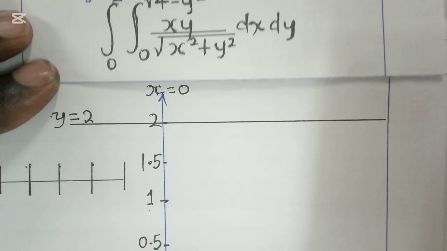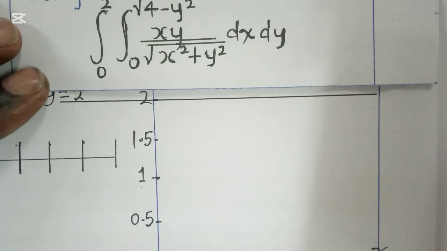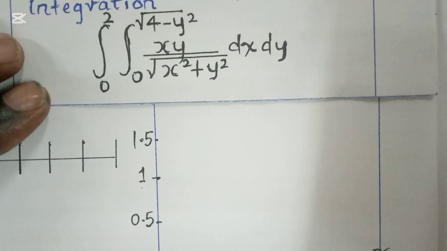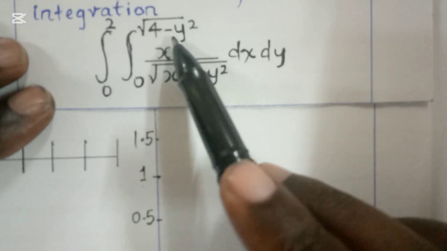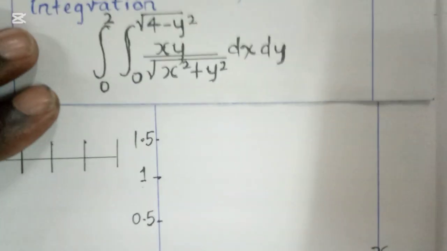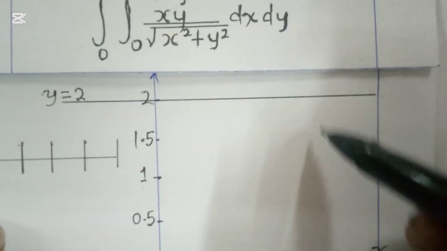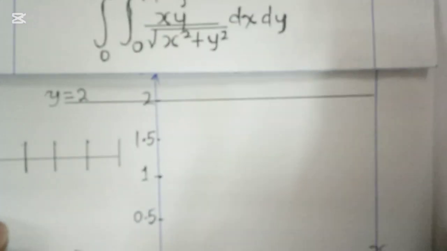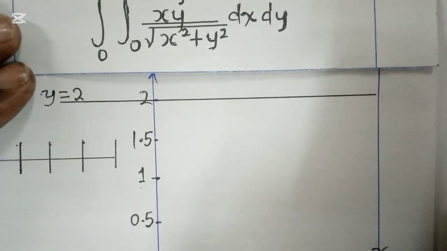Then we have the other limit, the square root of 4 minus y squared, and that line lies around a place here which we do not know.